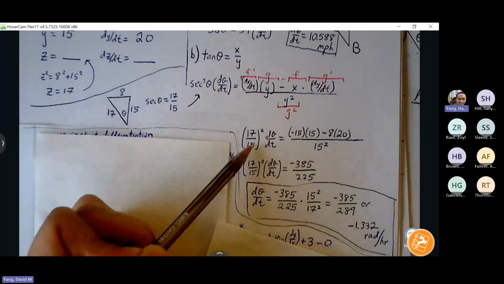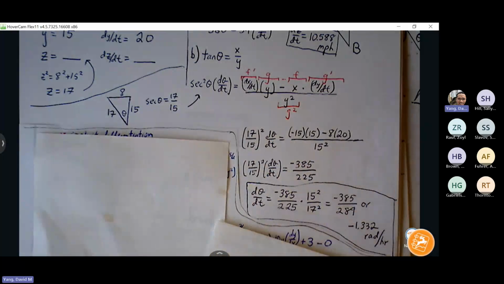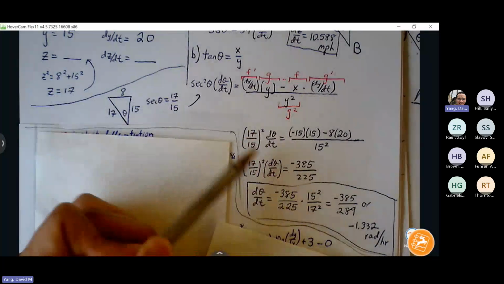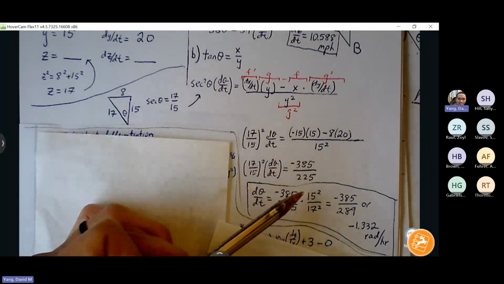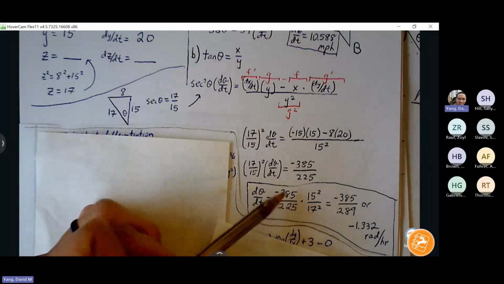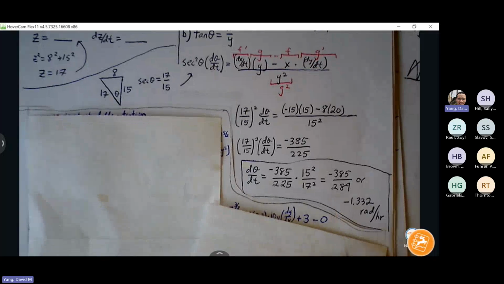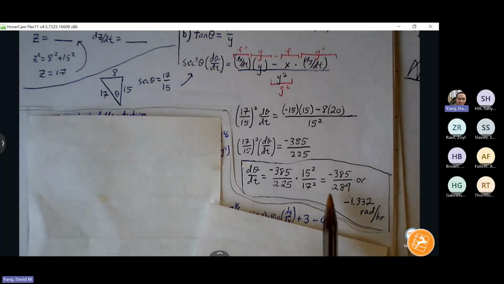So everything is accounted for. We just have to move things around to get that d theta dt by itself. We want to divide by 17 over 15. Dividing by 17 over 15 is the same thing as multiplying by 15 over 17. And the rest I just plugged in the calculator to reduce that fraction. You can leave it in that exact form, or you can write it as negative 1.332. Your units of measure are radians per time unit, so radians per hour in this case.